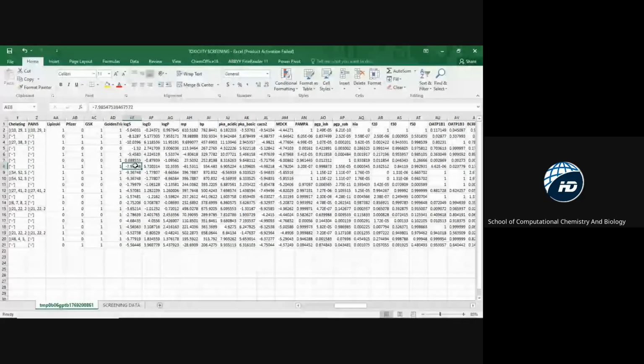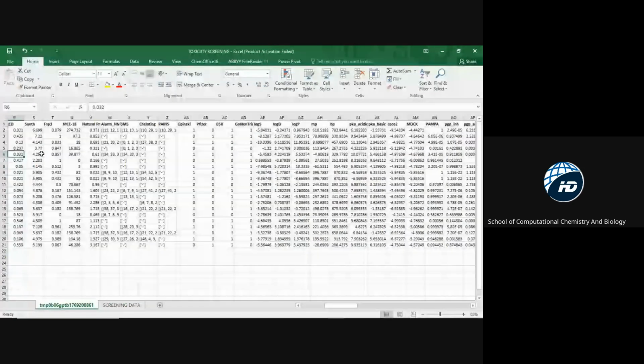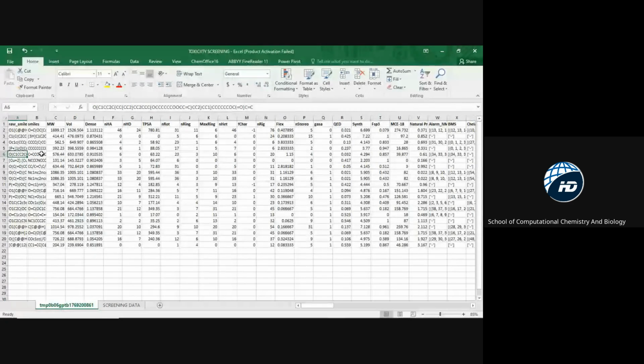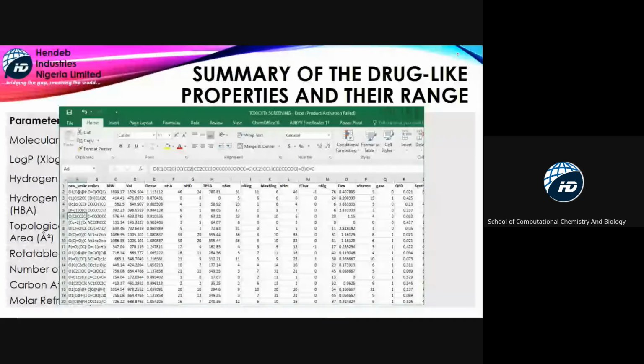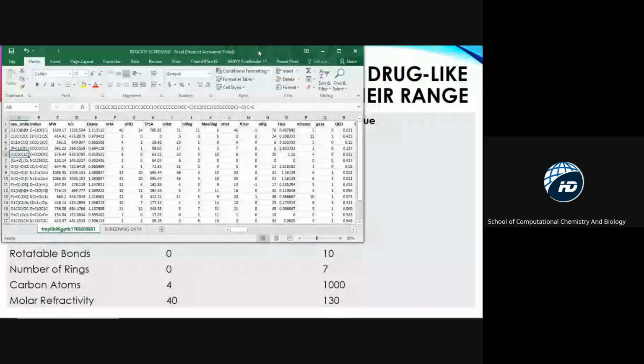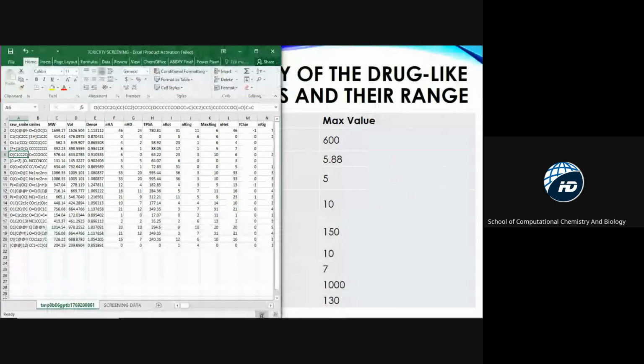So let's use Swiss ADMET this time around, or I could better just check one by one if ADMET has all those parameters. I need to minimize my screen so that I can see the parameters, because I may not carry them by heart.